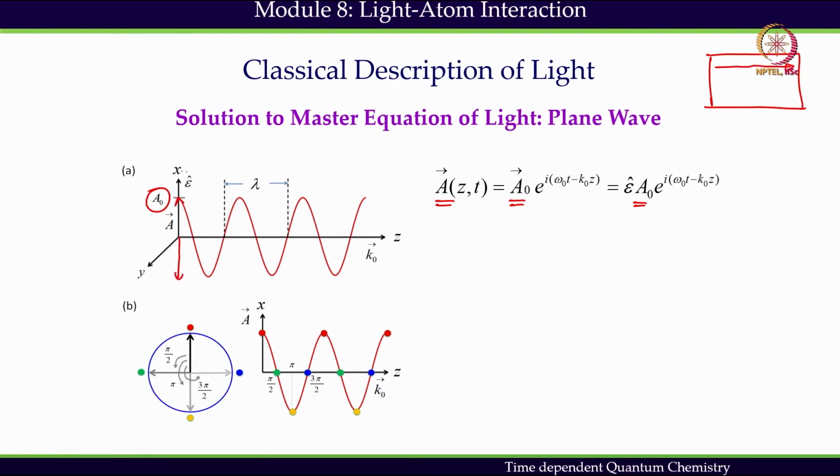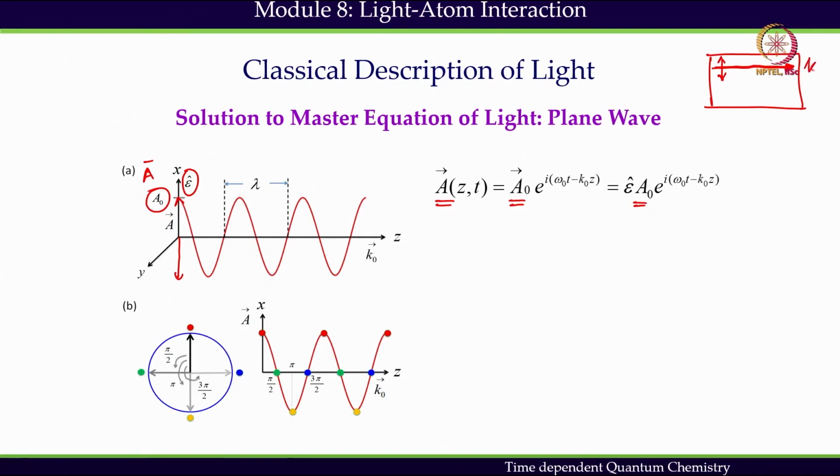That direction along which the vector potential is changing in the medium is called the polarization of light, and this epsilon cap is the unit vector along that polarization direction.